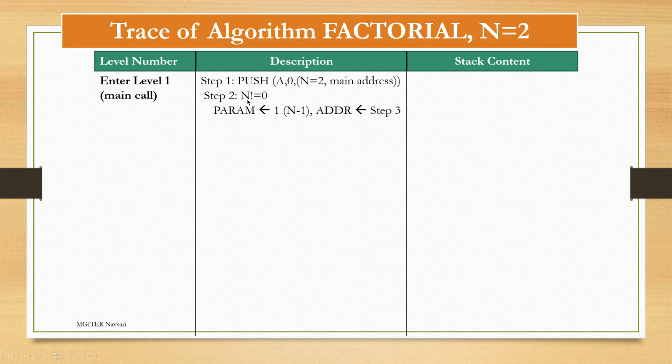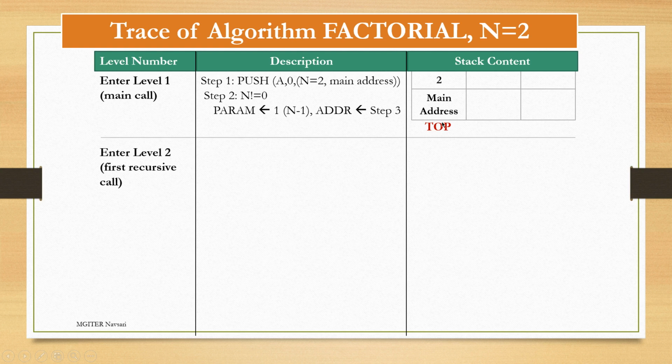If n is not equal to 0, then the parameter is set to n minus 1, that is 1, because here n is equal to 2, and 2 minus 1 is equal to 1, and the returning address is step 3, which is given in the algorithm. So our stack looks like this, and our top is pointed over here, that is 1. Initially it was 0, but now it is pointed over here.